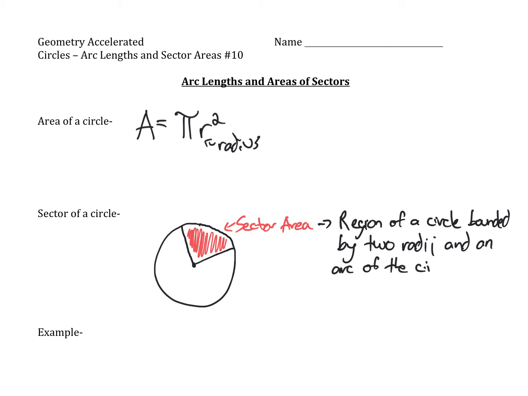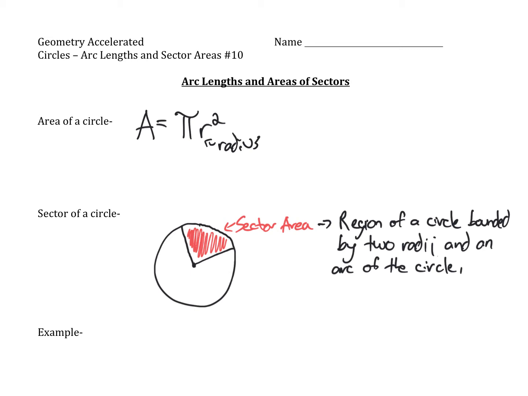Okay, that's the formal definition. That's your textbook definition. You don't need to know the textbook definition. If you just understand that it's a slice of the area, you'd be good there.